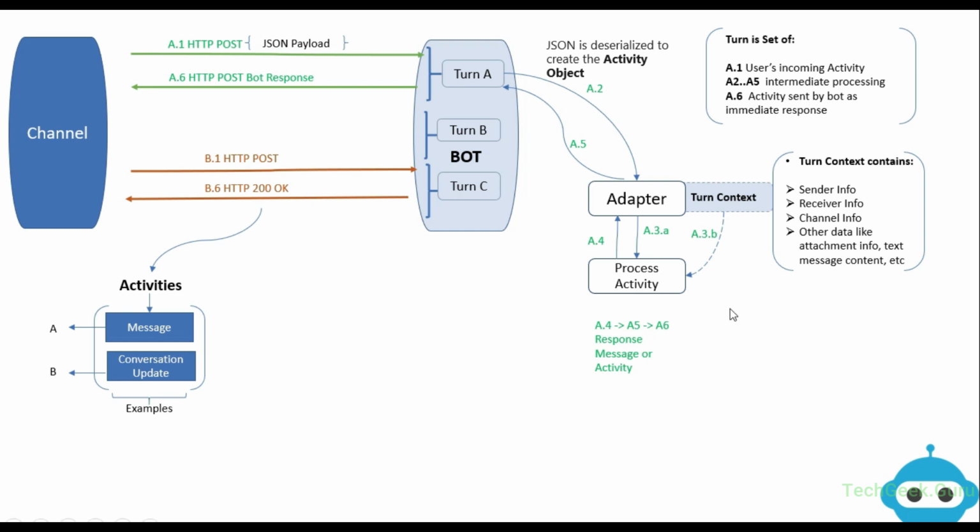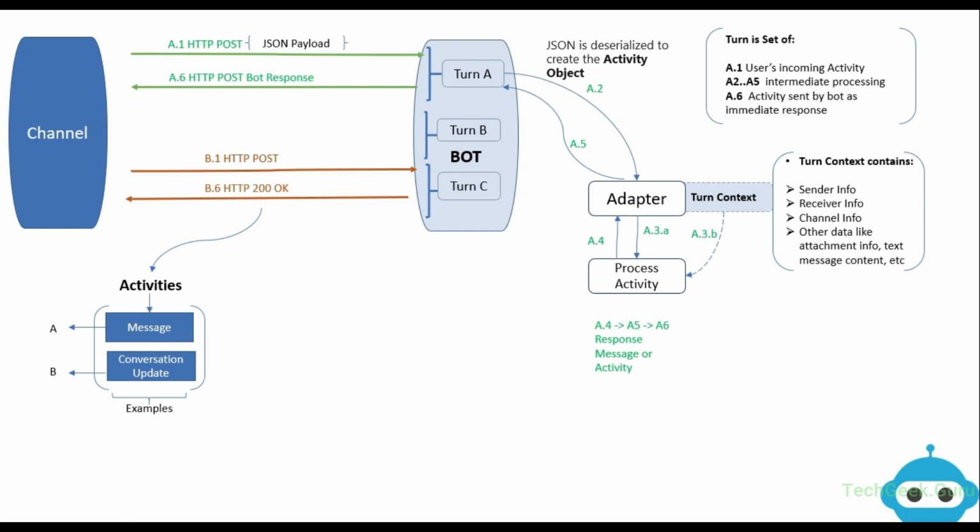So till now we saw how a bot receives an incoming activity in JSON format, how it processes the JSON and converts it into an activity, and how it takes out all the information for that activity and creates a turn context object. Now what next? We have all the incoming information from the channel, and now we need to process this activity.